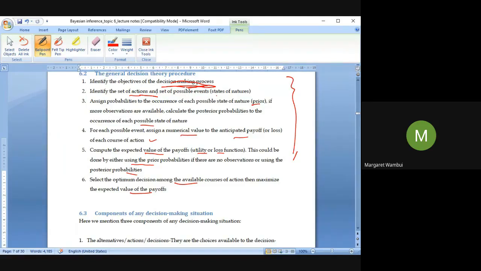And of course, when you have sets of actions, you also have the consequences for any action that you make. So you put your actions down and the corresponding consequences, so that when you are making a decision on what action to take, then you know, if I do this, this will be the consequence. If I take this action, this will be the consequence.